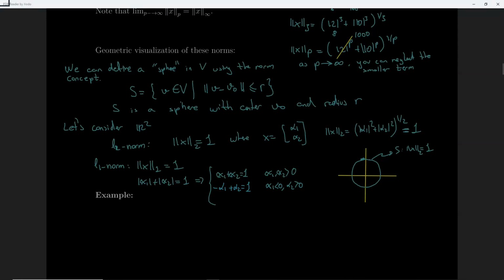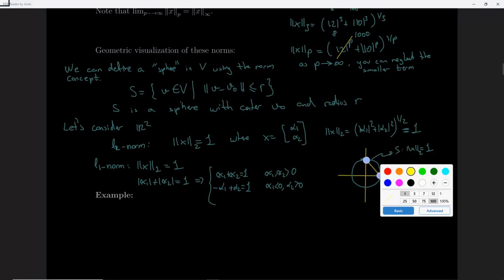For example, alpha 1 plus alpha 2 being equal to 1, when alpha 1 and alpha 2 are greater than 0, is the line that passes through (1, 0) and (0, 1). So maybe I should put it in a different color once I plot it. I will change the color.